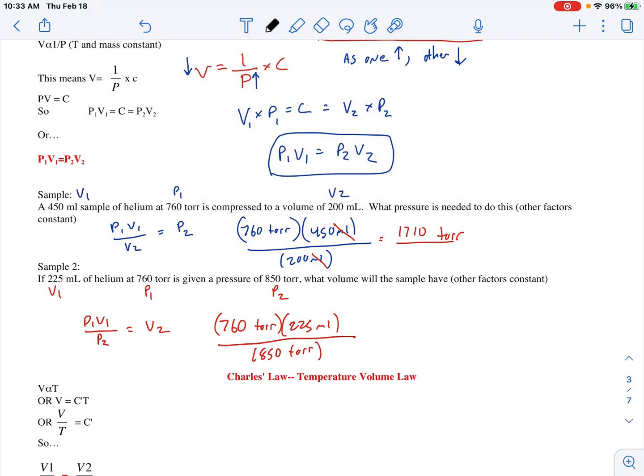The pressure units of torr cancel, leaving us in milliliters. So 760 times 225 divided by 850 is 201 milliliters. So that's Boyle's Law.